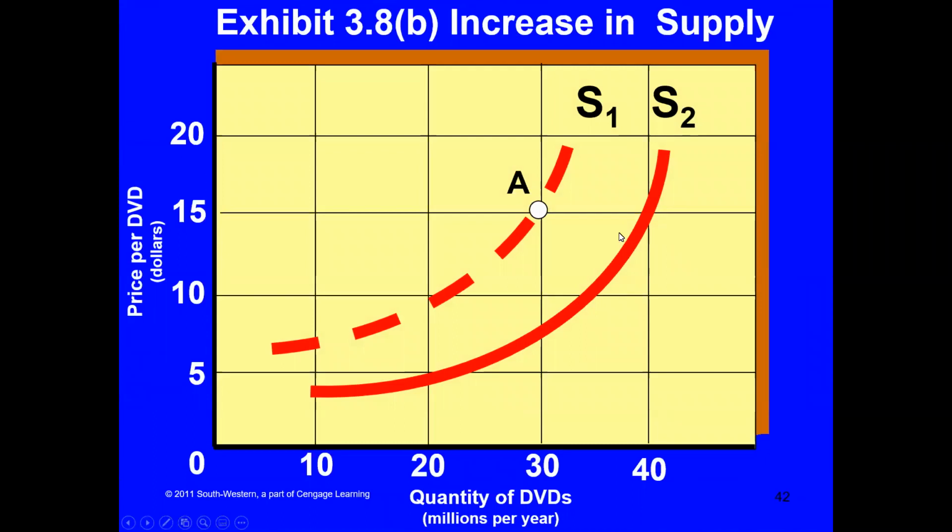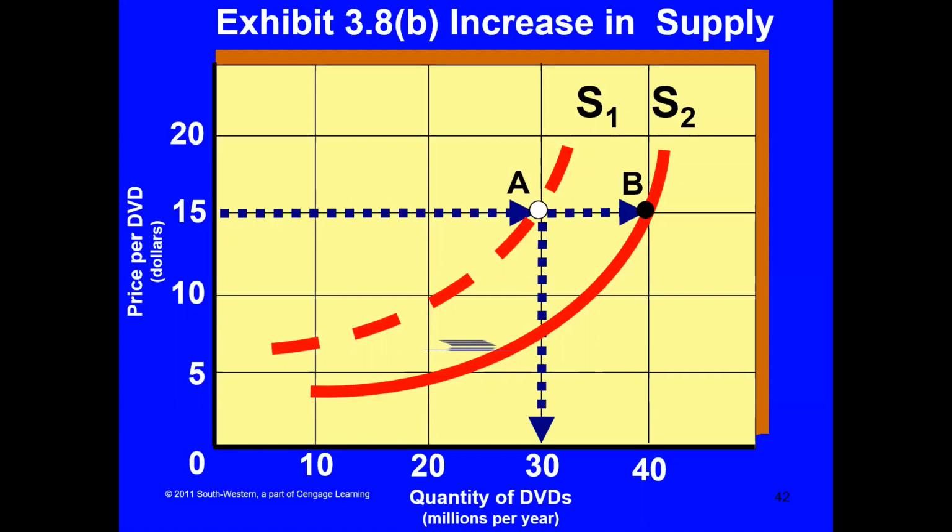So if we started out with this dotted line, supply 1, and something happens, besides price, and we get to supply 2, S2, that's the solid red line. That means at every single price level, $15, $10, $5, we're now supplying more.